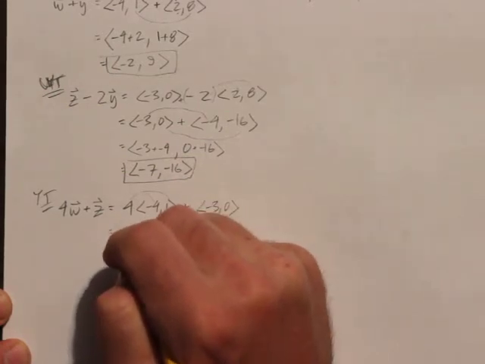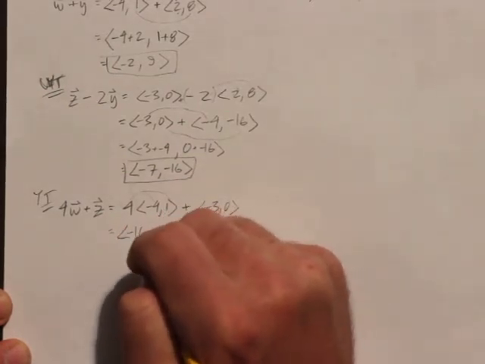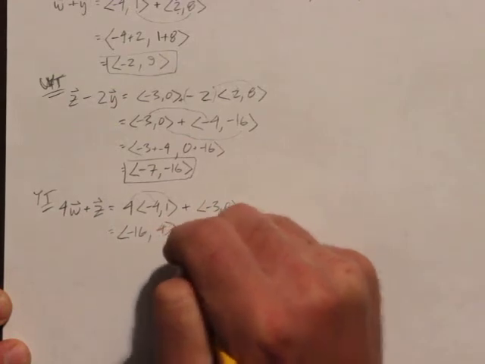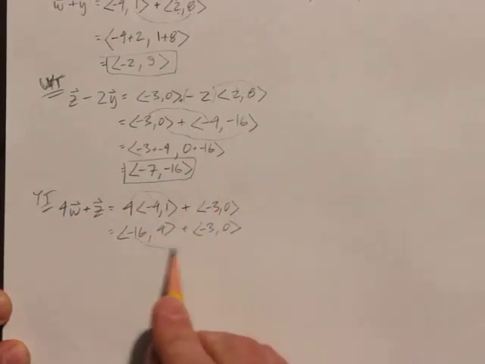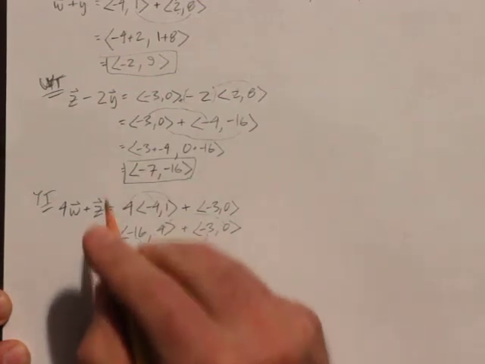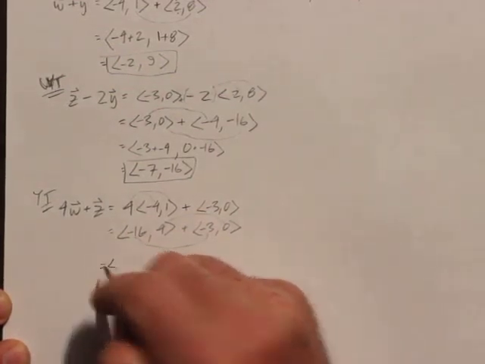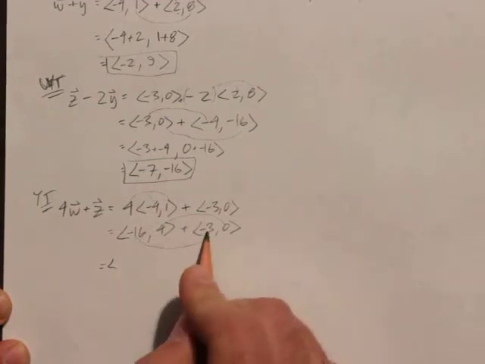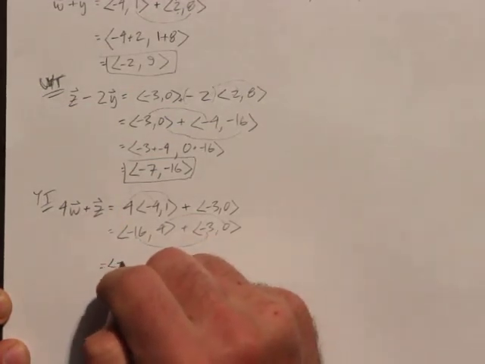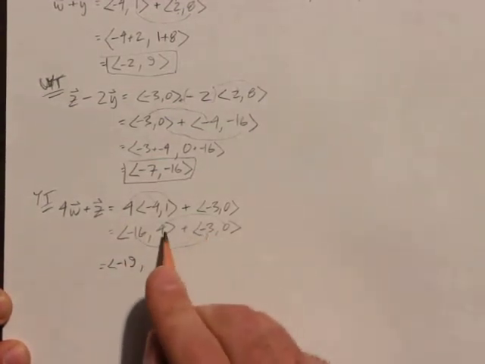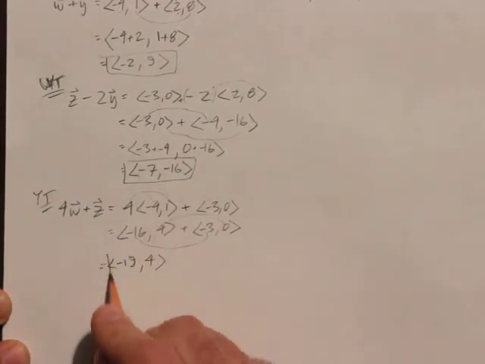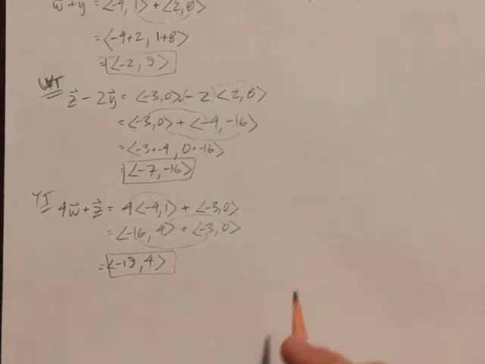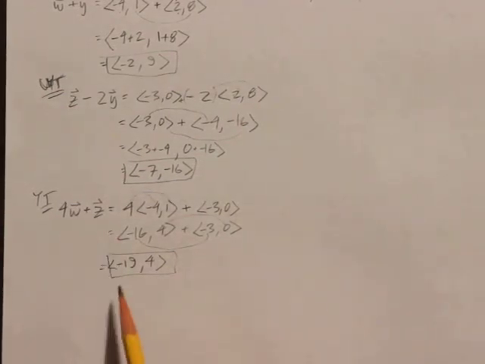So I've got -16, 4, plus -3, 0. Now I add these together, and I add these together, and so I get -16 plus -3 is going to get me a -19. 4 plus 0 is 4, and I have my answer there. My vector, when I add these together, is -19, 4.